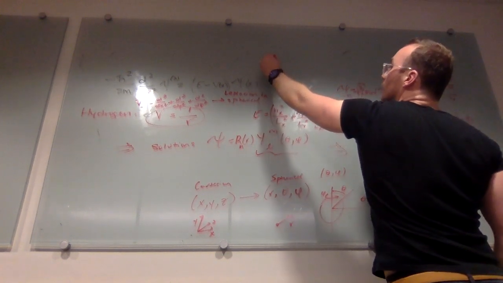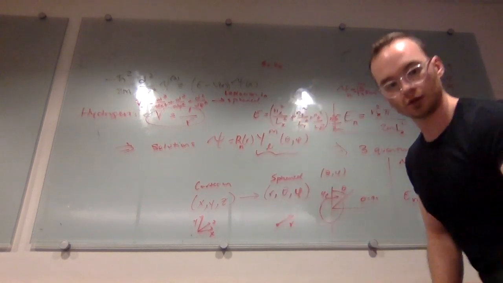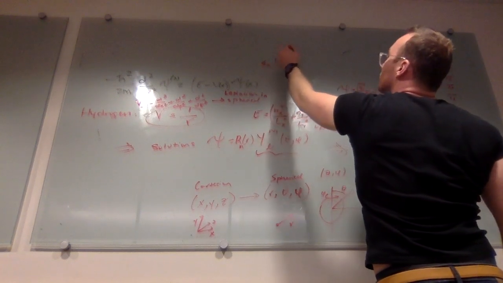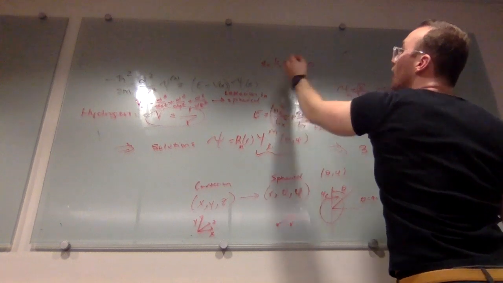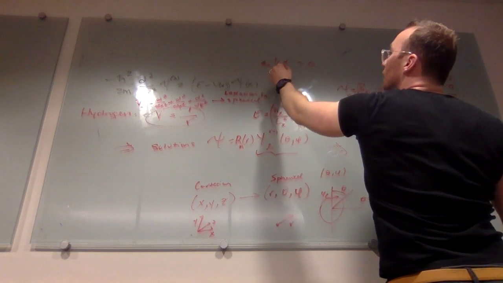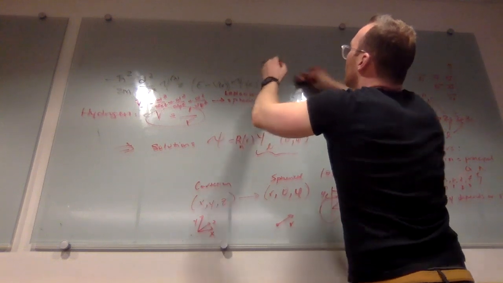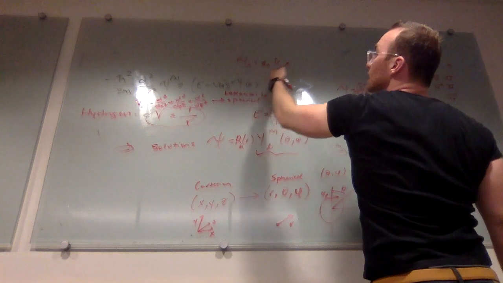So you'll have sine of kx x, and it will have its own boundary conditions. Psi of x will be this, and then you'll have y and z.